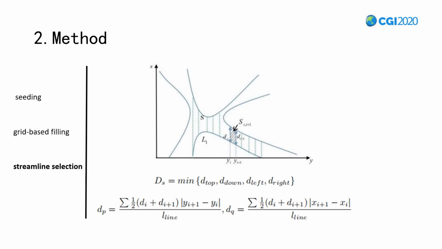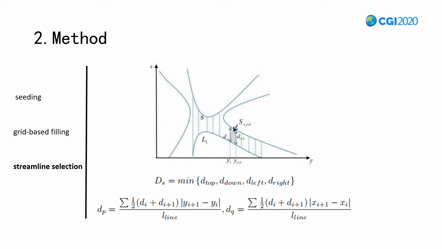Where d_top, d_down, d_left, and d_right represent the distance among streamlines in the positive direction of the x-axis, the negative direction of the x-axis, the positive direction of the y-axis, and the negative direction of the y-axis for 2D fields, respectively.